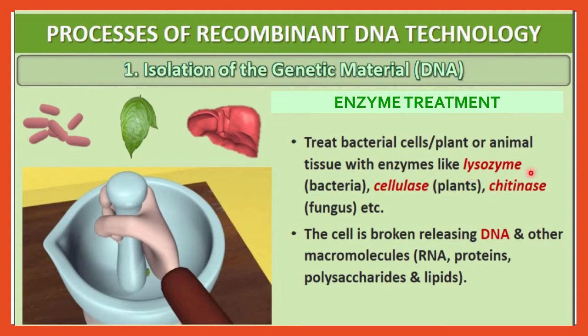So whichever enzyme you are using, finally the cell wall is degraded, the cell is broken, and it releases the DNA and other macromolecules such as RNA, proteins, polysaccharides and lipids. Our main target is the DNA, and the rest is not our target. So you will select the DNA out of that.